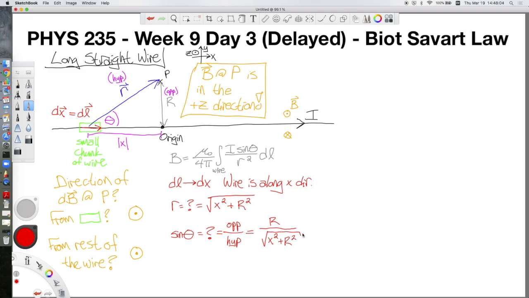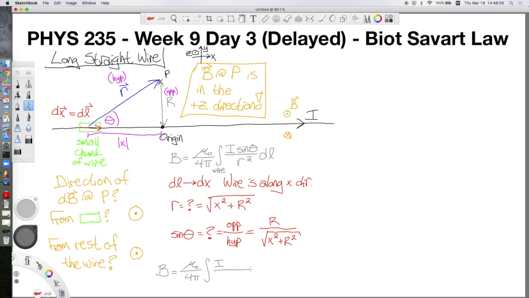So now we can rewrite our expression for the magnetic field at point P with all of this plugged in. So we have mu naught over 4 pi times the integral of I, and then we have r squared on the bottom.